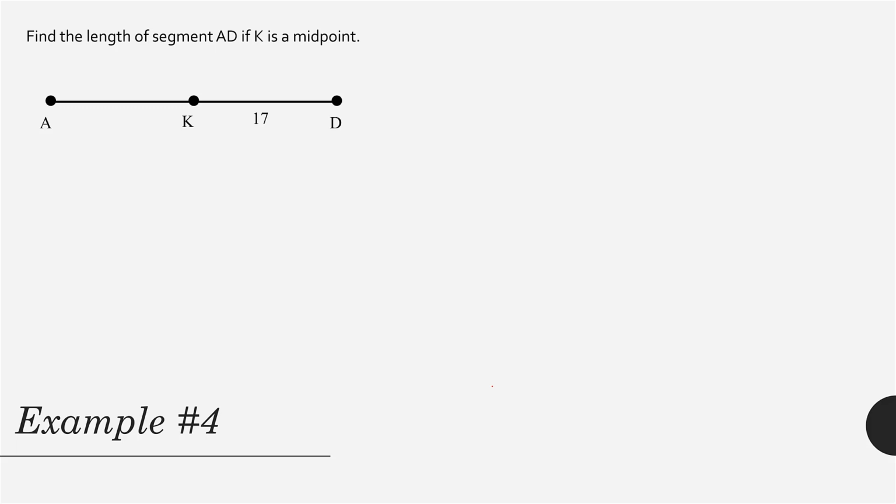Okay, so here we have another problem that uses this word midpoint. Find the length of segment AD if K is a midpoint. Midpoint means both of these sides are congruent. So my geometry, if both sides are congruent, that means the entire length AD equals 2 KD.